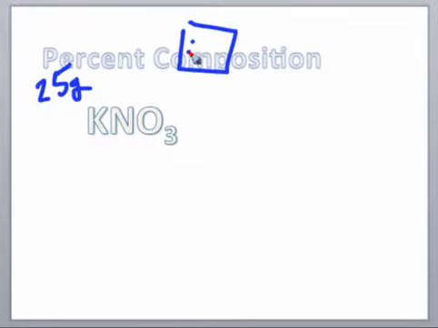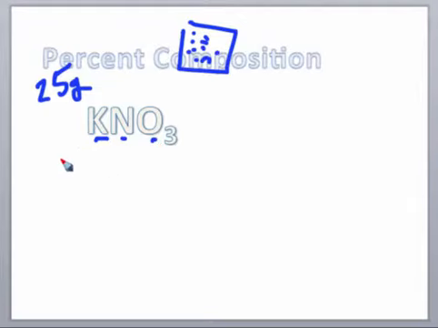Okay, so let's say we had, and these are from your notes packet so you can follow along from there, 25 grams of potassium nitrate. So we have a sample of potassium nitrate, and as we said, that's made up of potassium, nitrogen, and oxygen. So we want to know how many grams of potassium we could get from that sample, or grams of nitrogen, or grams of oxygen.